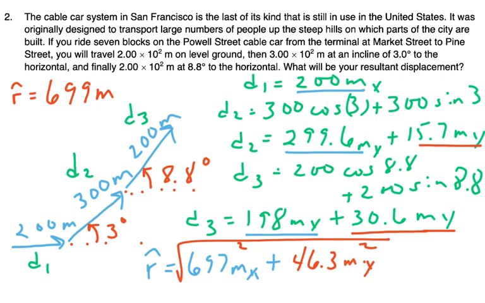So it'll be 46.3 divided by 697. Take the inverse tangent or arctangent of that, and you get an angle of 3.8 degrees. Which isn't very much.